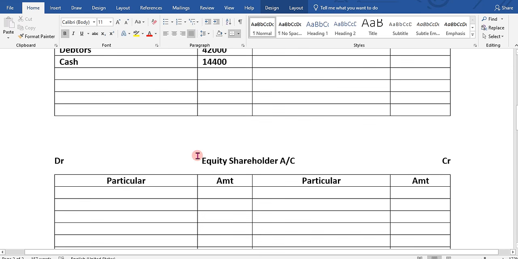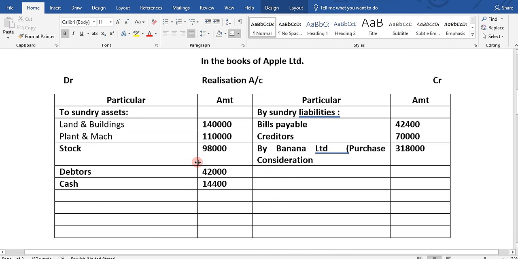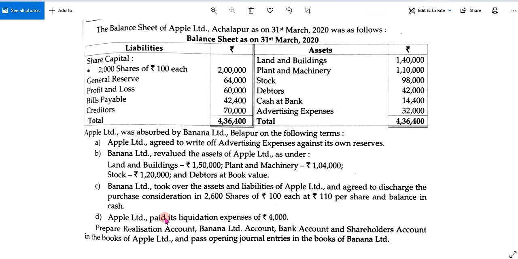Now the next entry in the realization account on the debit side will be the cost of liquidation, that means the liquidation expenses. So see, A Limited paid its liquidation expenses of rupees 4,000.